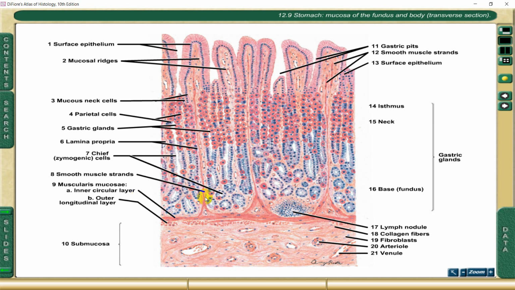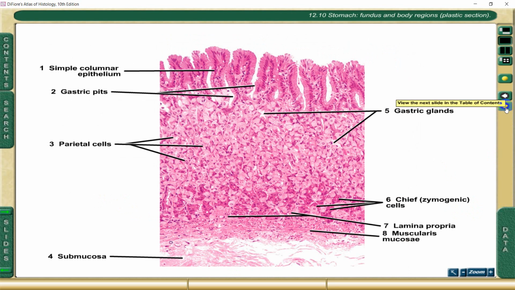We notice the muscularis mucosa, inner circular and outer longitudinal, two layers. With the submucosa, no gland in the submucosa of the stomach.